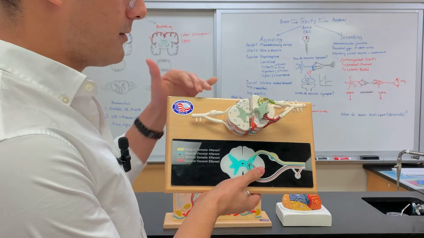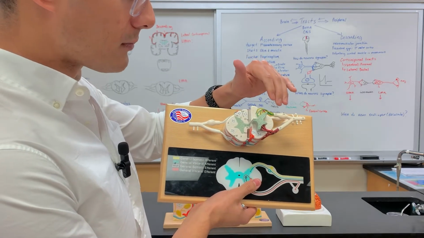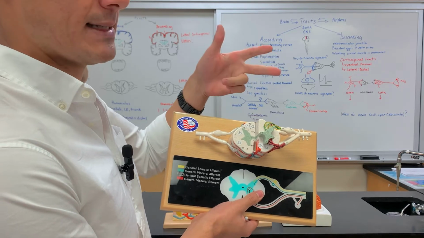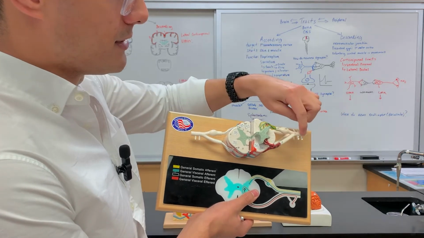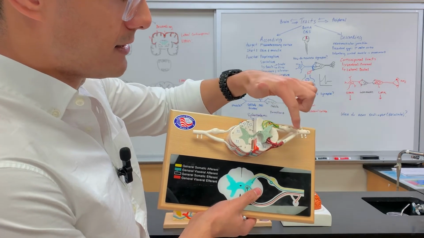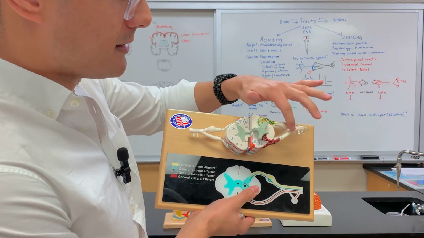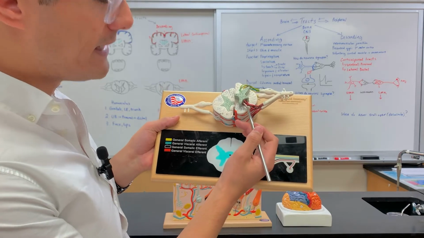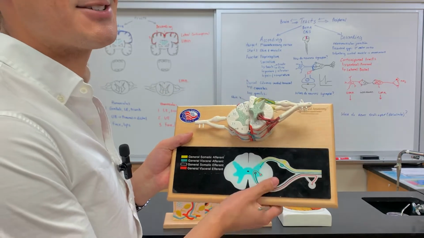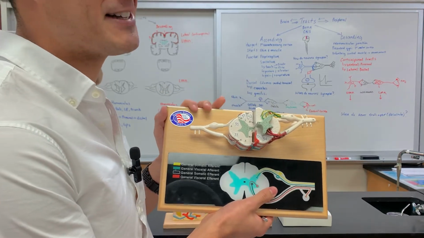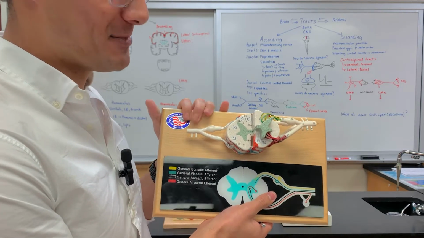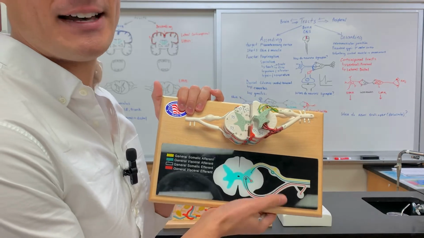But if we go to the outside, there are a couple of different terms: rami, roots, and rootlets. This is a rami, this is a root, and these are the rootlets. Make sure that you don't forget that.